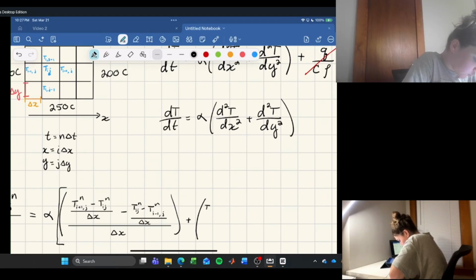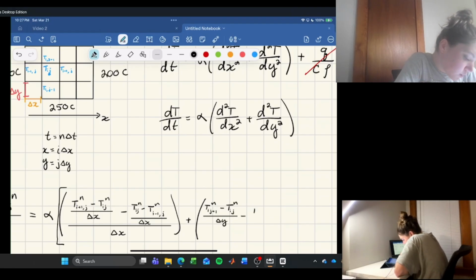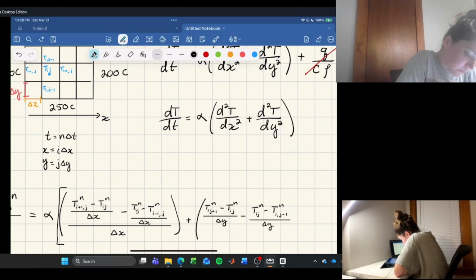This is going to be the temperature at i, j+1 to the n, minus the temperature at i, j, over the change in position in the y direction, still to the n, minus the temperature at i, j minus the temperature at i, j-1, over the change in position.